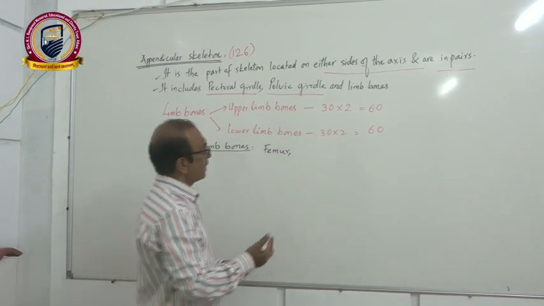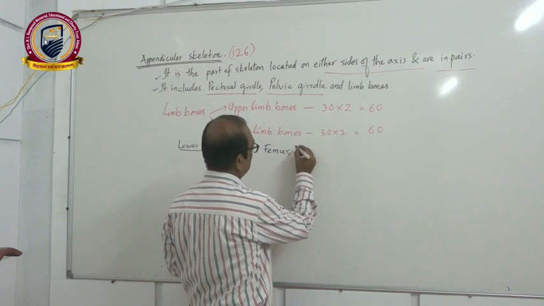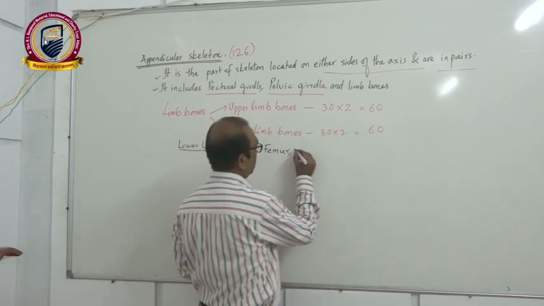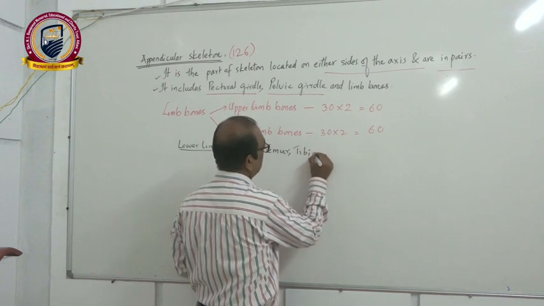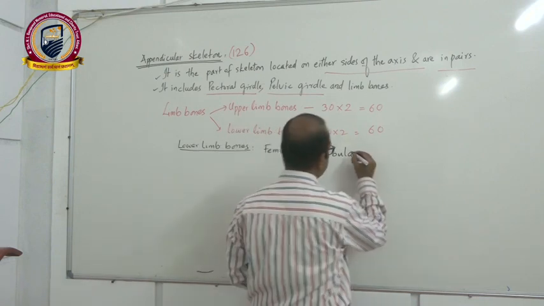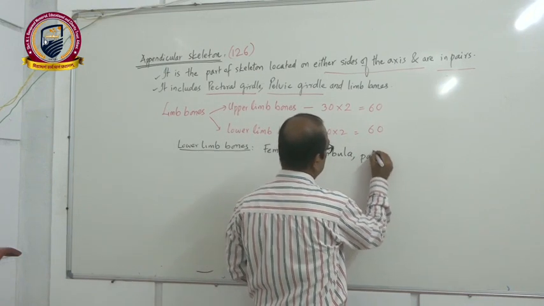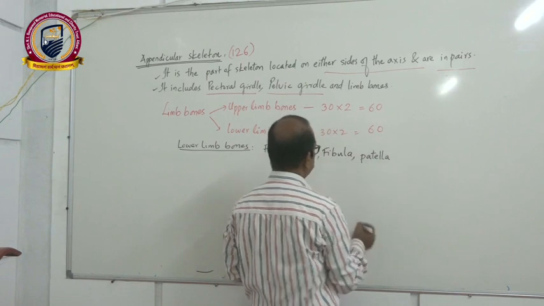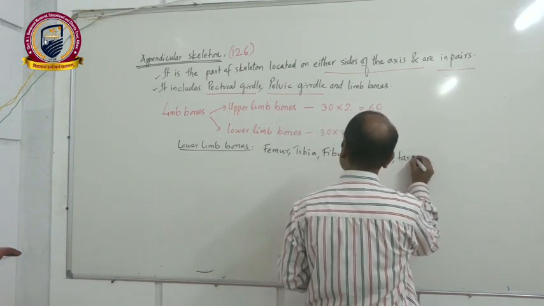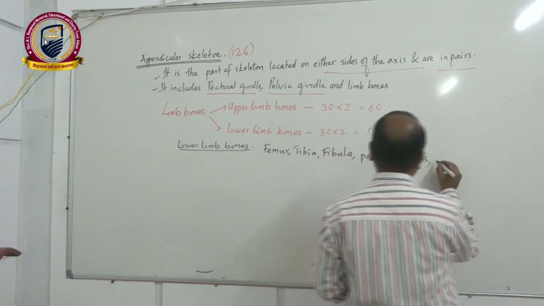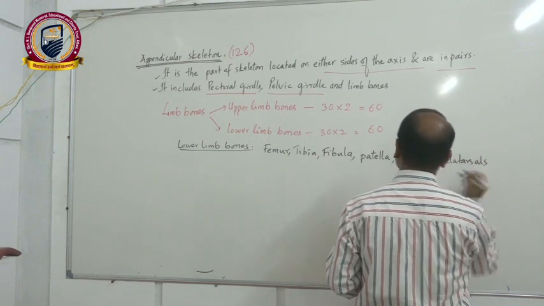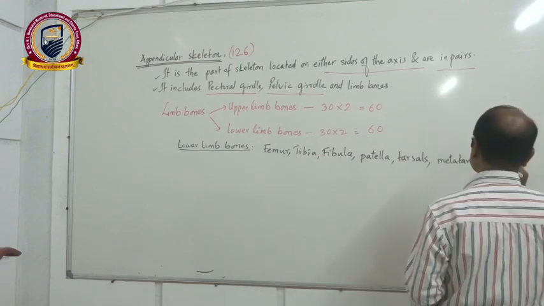Femur, the thigh bone we call it, femur, then tibia, fibula, patella, tarsals, metatarsals and phalanges.